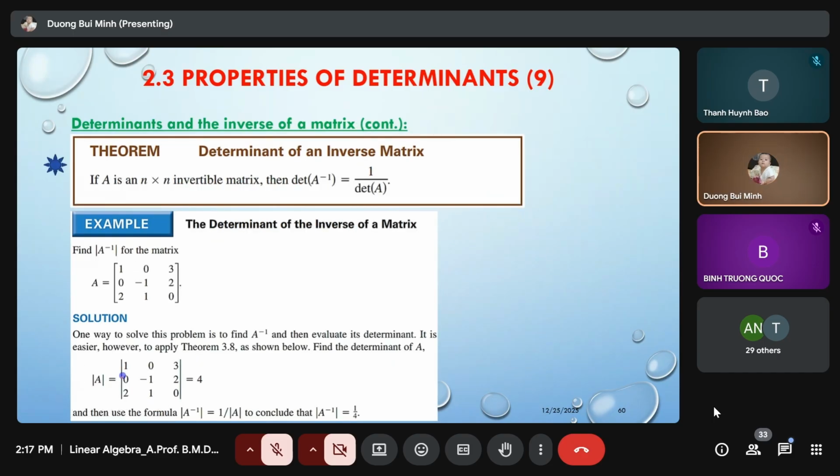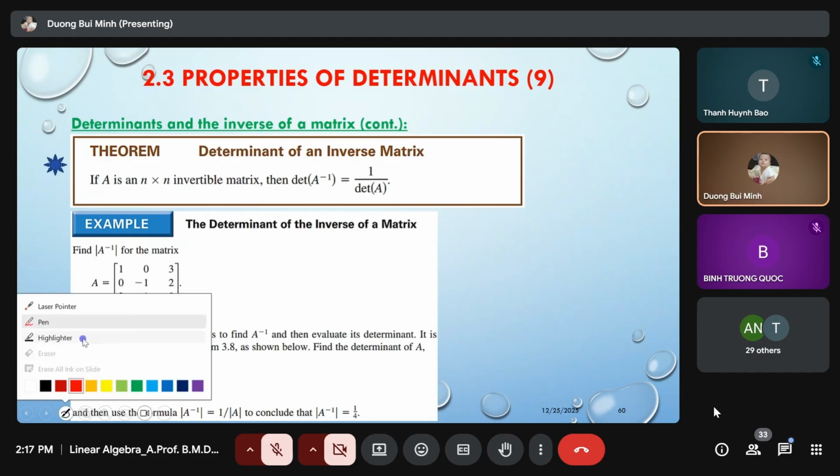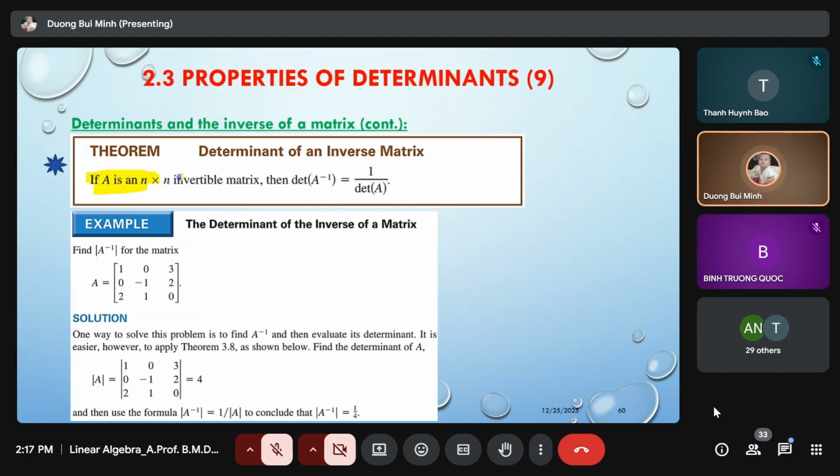This property is also very important. Why?